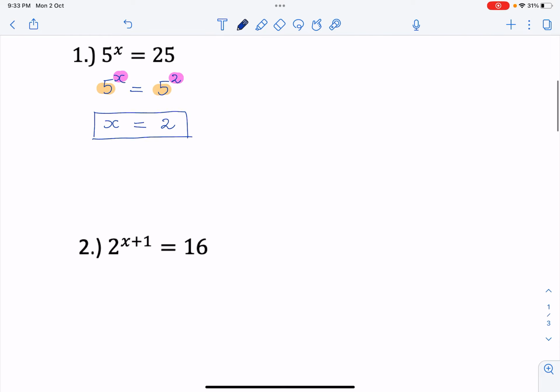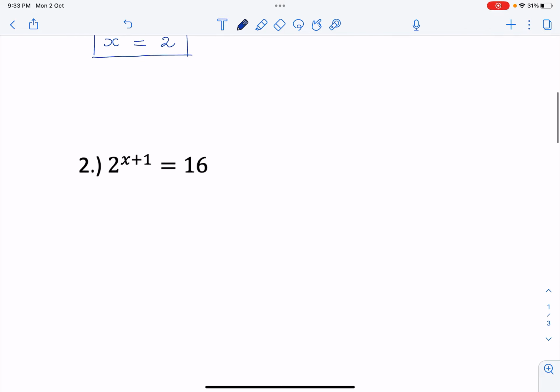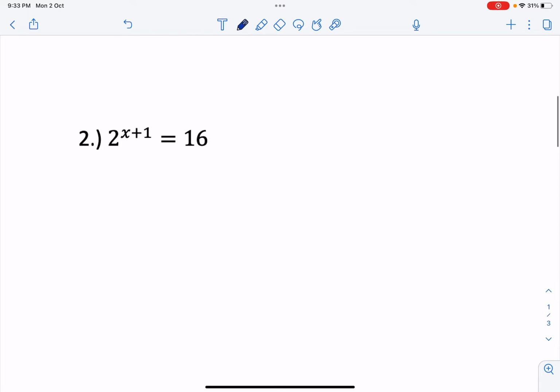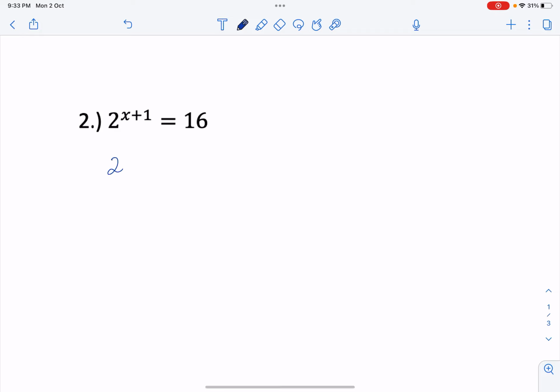Again, we are going to try and express both sides of the equation in index form with the same base. I see that the left-hand side is on base 2, so we will try and express 16 in index form with base 2. We know that 16 is 2 power 4.